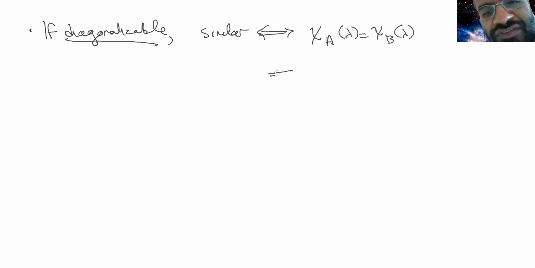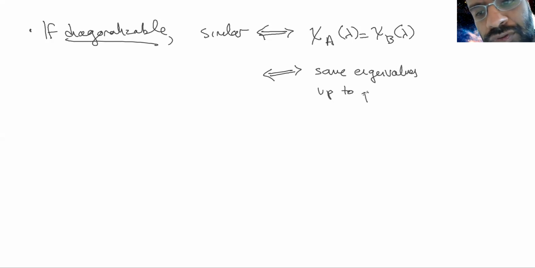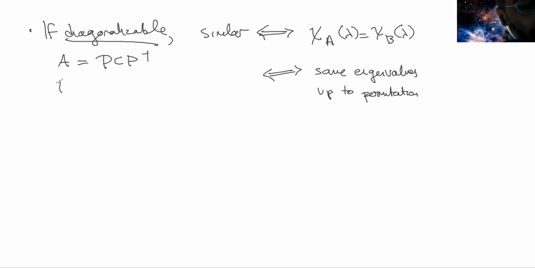Which is the same thing as saying if and only if they have the same eigenvalues up to permutation. So in particular, if I have A and B diagonal, A is C, D, C inverse, B is Q, D, Q inverse.